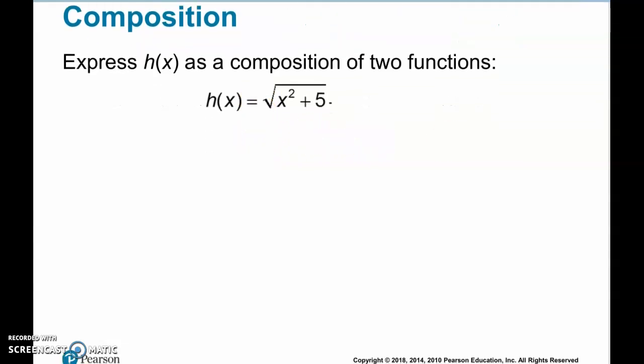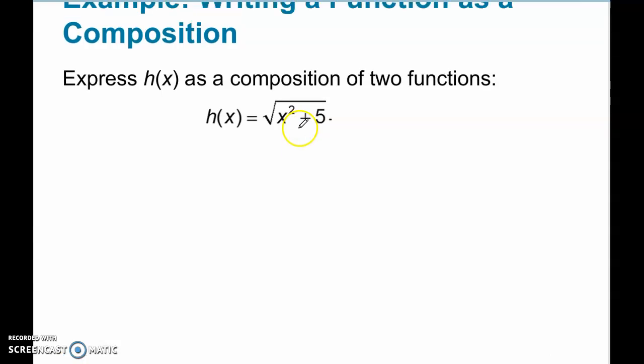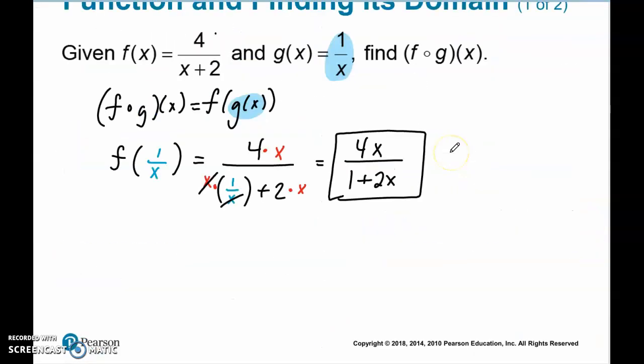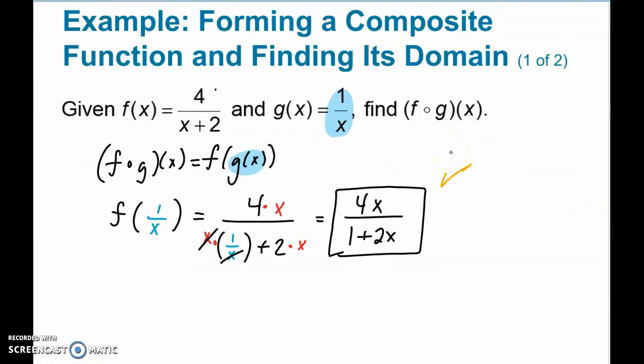And then the last thing in this section is expressing h of x as a composition of 2 functions. So this is saying this is the composition of 2 functions. What were the originals? It would be like working backwards. So if you were given this, what are these 2?